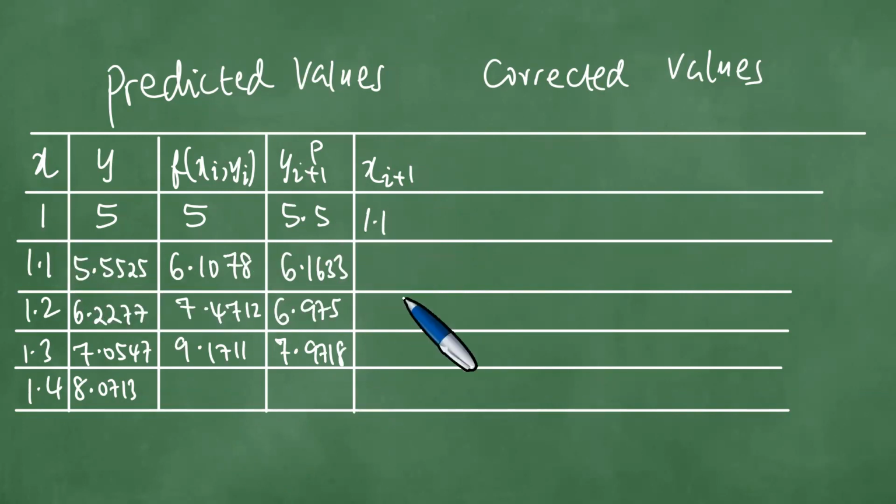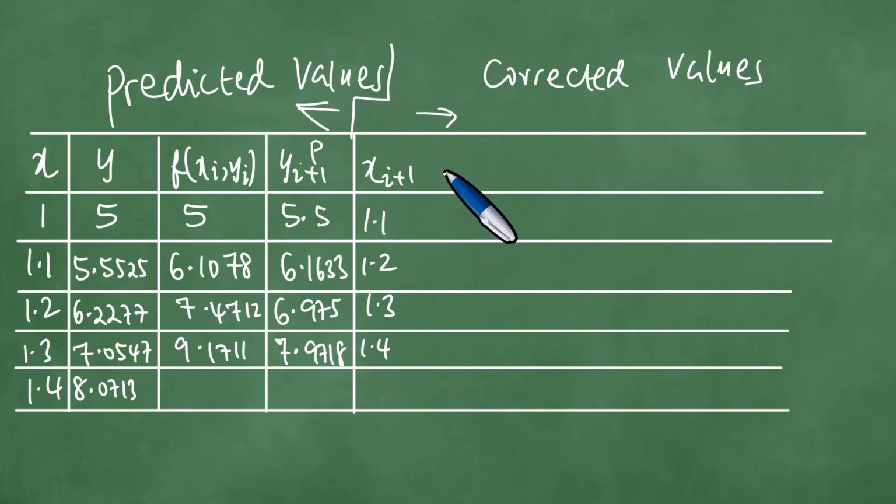So it corresponds with this, but we decide to put it there. 1.2 here, 1.3, 1.4. Next. So these values here in this direction are the predictor values, and these ones are the corrector values.